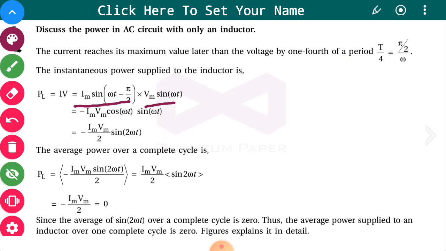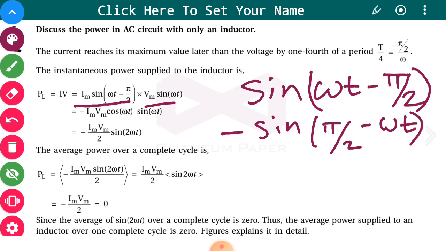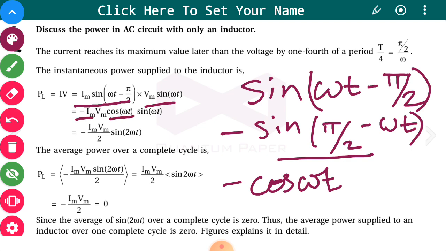So it is taken as Im Vm cos omega t into sin omega t, because sine of (omega t minus pi by 2) can be written as minus sine of (pi by 2 minus omega t), and sine of (pi by 2 minus omega t) is nothing but cos omega t, so it can be written as minus cos omega t. So instead of sine (omega t minus pi by 2), it is written as minus cos omega t.